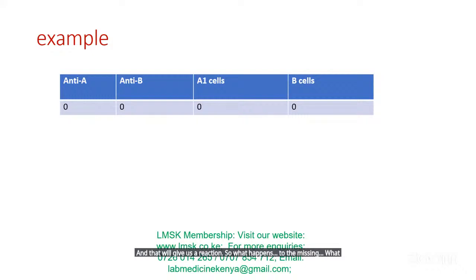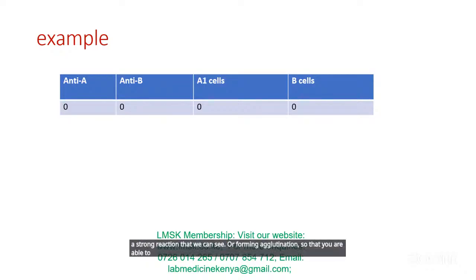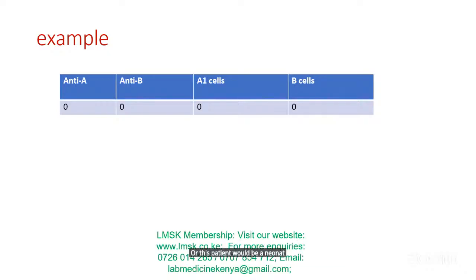What happens to the antibodies in the system of this particular patient? These antibodies are either weak, so they are not giving us a strong reaction that we can see, or forming agglutination so that you are able to see if there's a reaction. Or this patient could be a neonate, who doesn't have antibodies in their system yet.